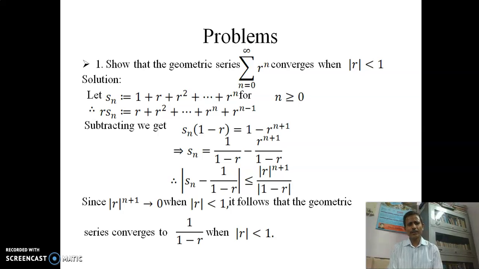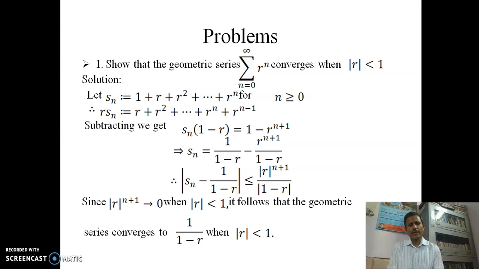We take here the partial sum, then multiply both sides by r. Here r is the common ratio of this geometric series. So multiplying both sides by r, we get r Sn = r + r^2 + ... + r^(n+1), n >= 0.